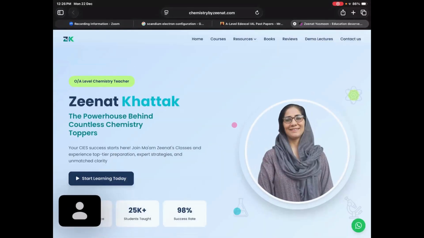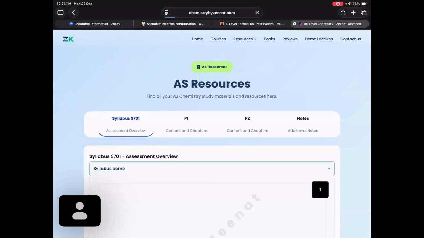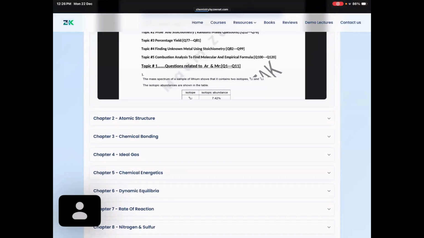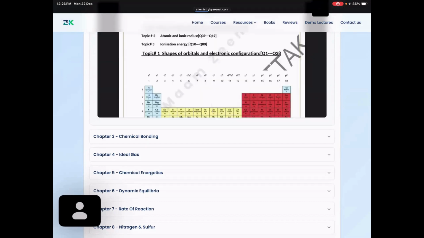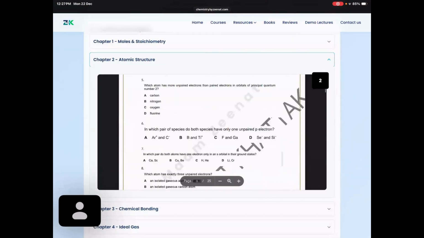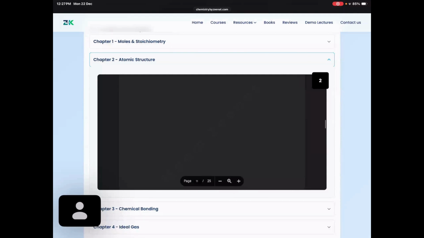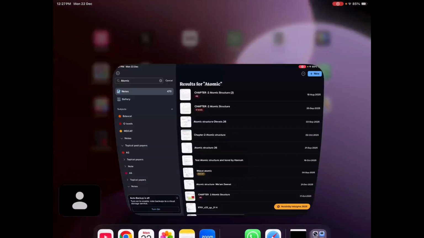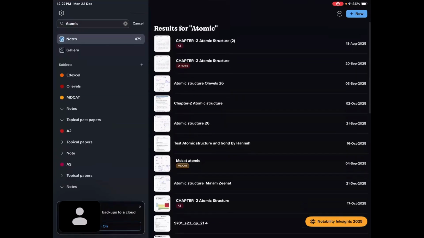You can see these in the resources. Go to AS, in the AS P1. The first chapter was mole. You can see all these past papers. The questions are given here, and the notes are also available. I'm going to share these with you so that you understand how to solve them.